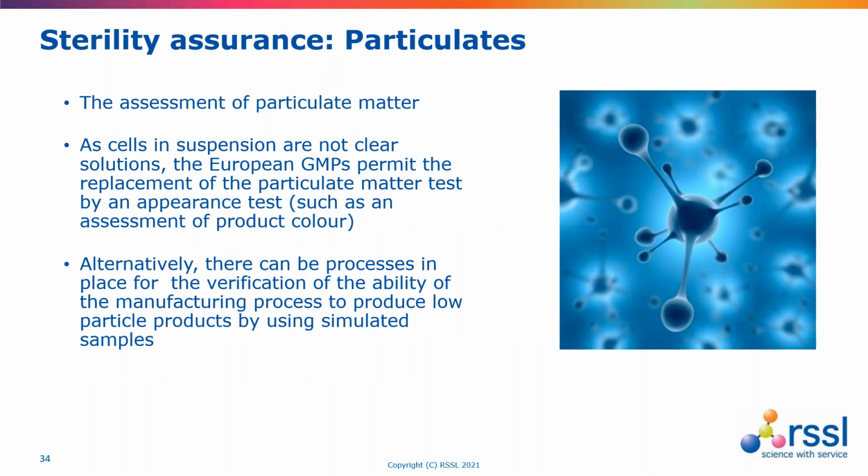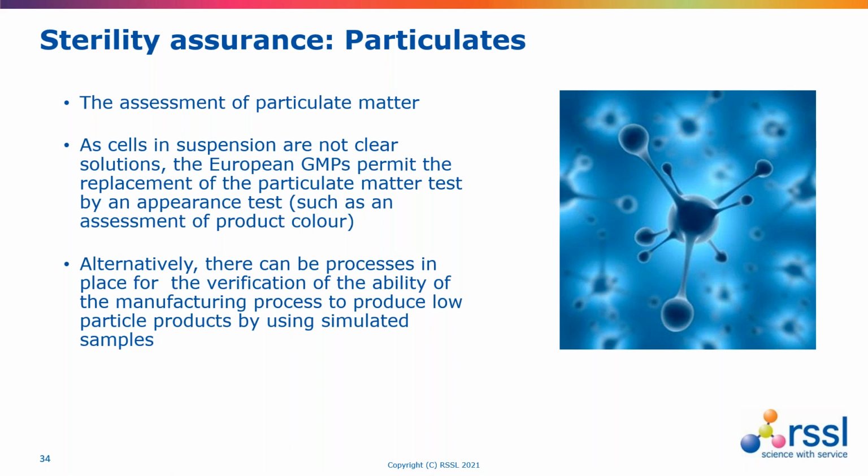A further test that is important, and it's one of the prerequisites for sterile products, is for them to be free of particulate matter. And as cells in suspension are not clear solutions, then the GMPs permit the replacement of the particulate matter test by a different appearance test. So it could, for example, be an assessment of product colour.